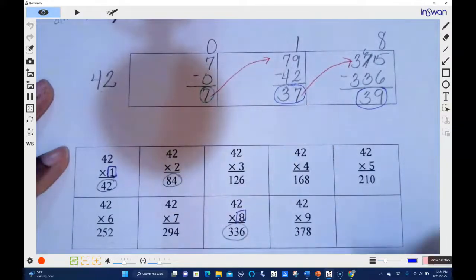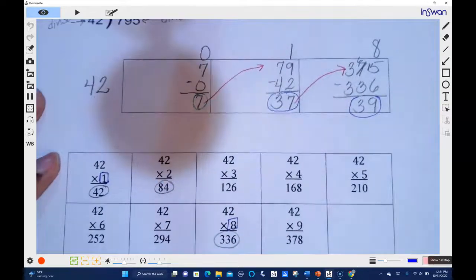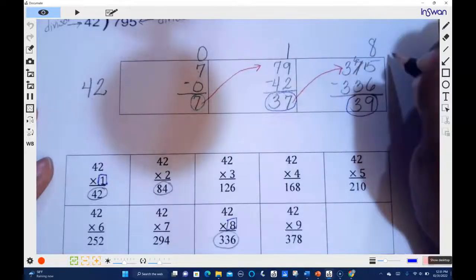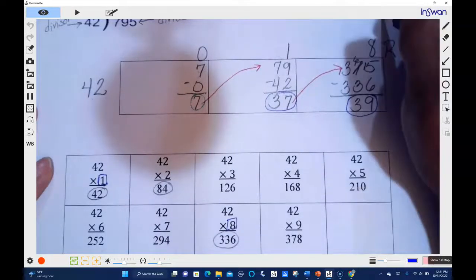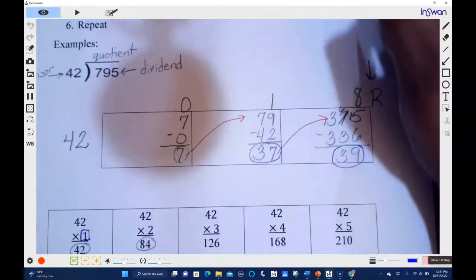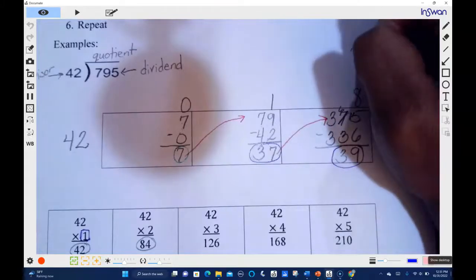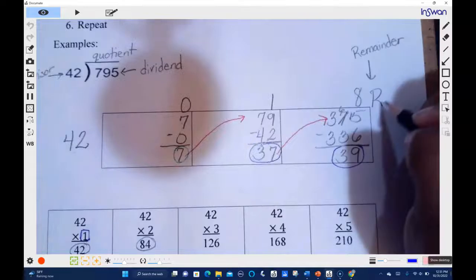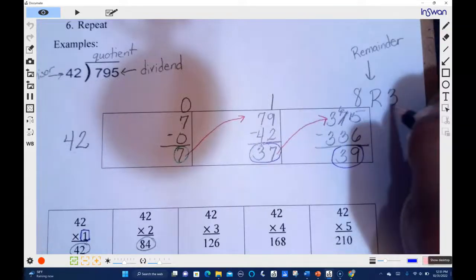Well, I don't have anything else left to bring up. So this 39 is what I have left over. So I'm going to put an R. The R stands for remainder. So I have a remainder of 39.